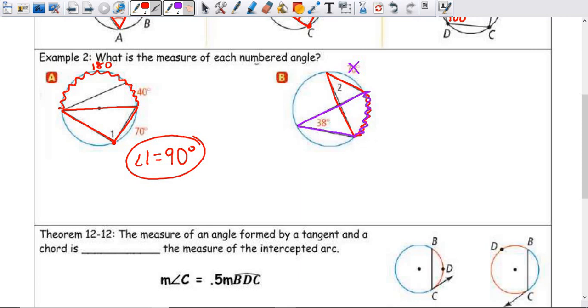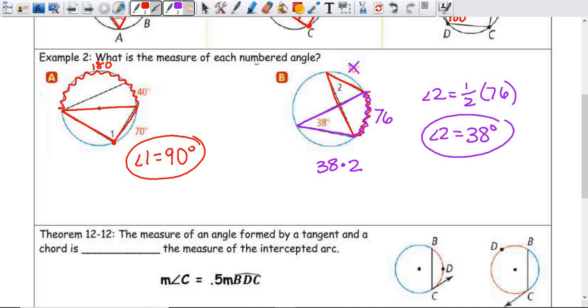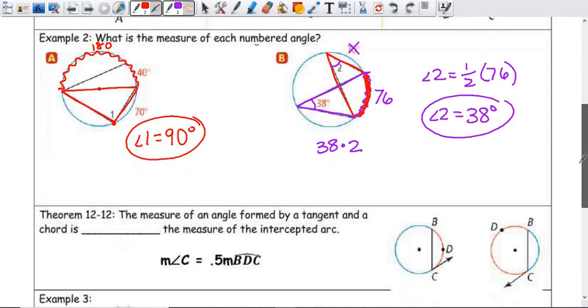So in case you didn't remember corollary number 1, we can do 38 times 2, which is 76 for this arc. Well, then angle 2 uses that arc as well, so it's got to be half of 76. So angle 2 is 38 degrees. All right, but if you did remember your corollary, then you know that those two angles are congruent because they used this same arc right here.